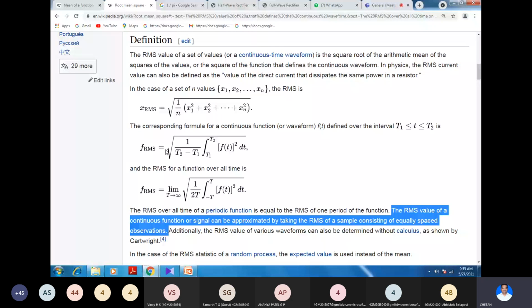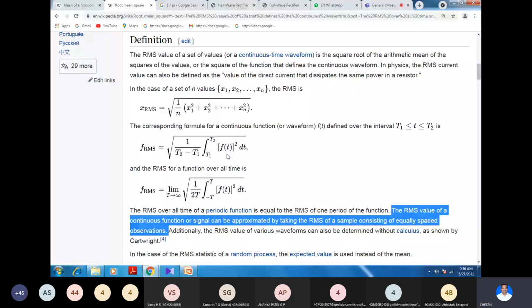This is the interval, right? For our case it would be 2 pi minus 0, integration from T1 to T2. Here it is 0 to 2 pi, and our function is Im sin omega t, with integration with respect to d omega t. So that would be reduced to this one here.